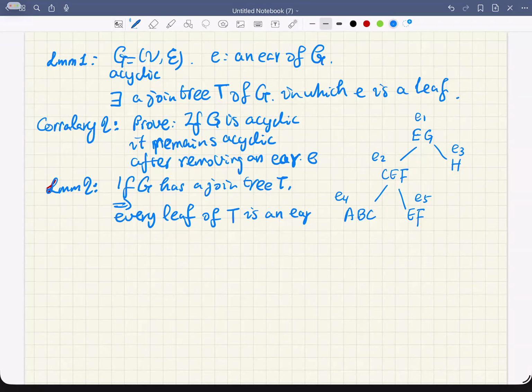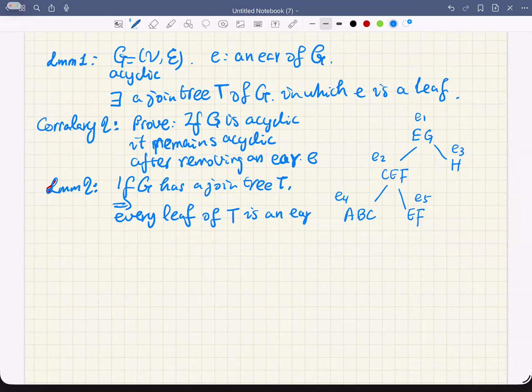Lemma 1 and lemma 2 sound similar, except that in lemma 1 we're saying there exists a join tree, from the point of view of the ear. Here in lemma 2, it's from the point of view of the join tree.